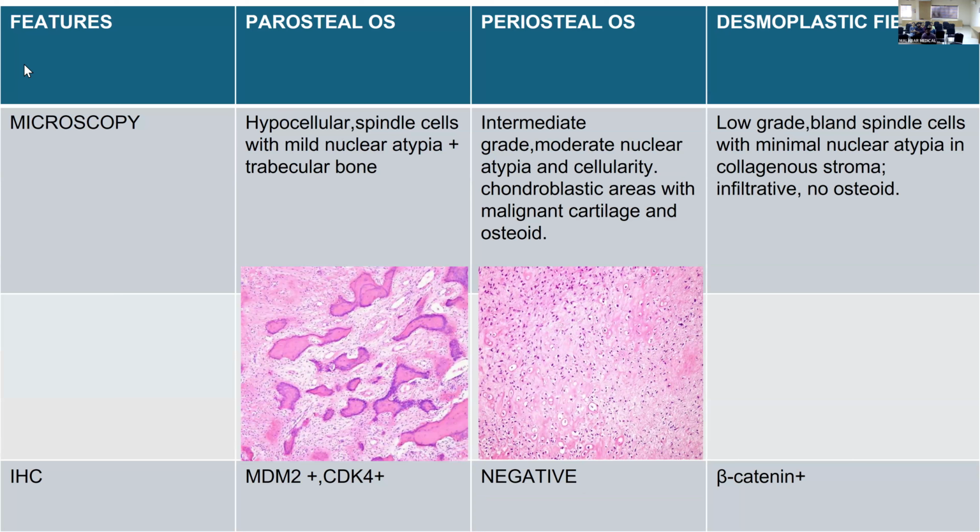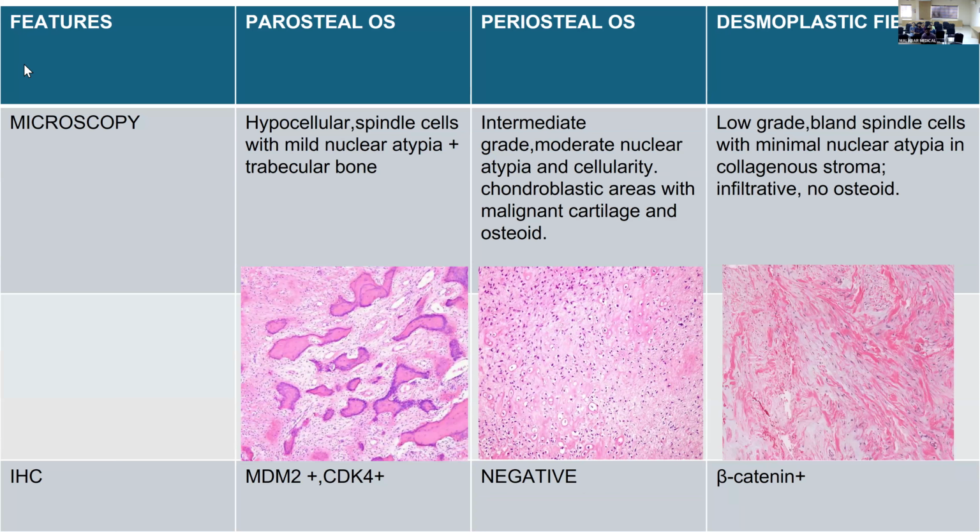Desmoplastic fibroma is a low-grade bland spindle cell lesion with minimal nuclear atypia in a collagenous stroma. It is infiltrative, there is no osteoid, and it is beta-catenin positive. Fibromatosis of the soft tissue is also positive for beta-catenin.